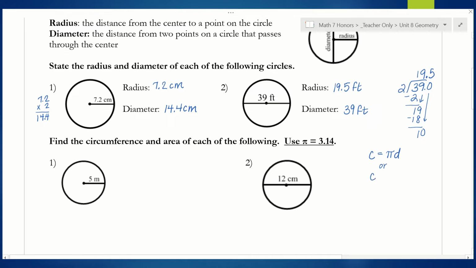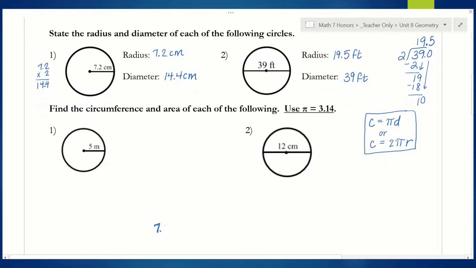And the second one is circumference equals 2 times pi times the radius. So if you think about it, those 2 formulas are actually the exact same thing because 2 times the radius is the diameter. So really you can use either formula whenever you want.